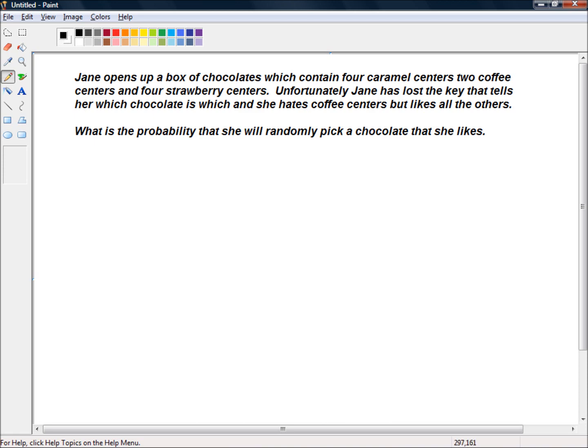Well, we know that she likes the 4 caramel centres, so our event is the 4 caramel centres plus the 4 strawberry centres which she likes, and our sample space is 4 plus 2 plus 4.